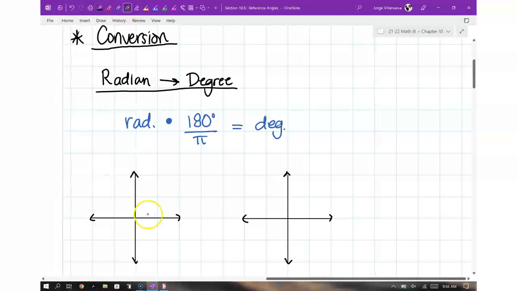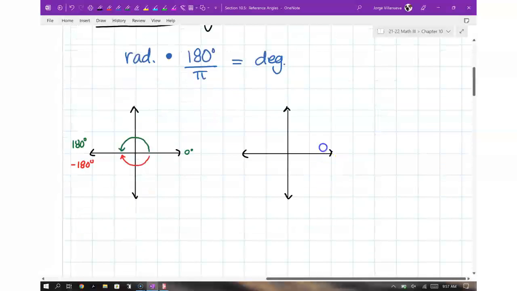If you start from your standard position, which is 0 degrees, and I rotate halfway, that's 180 degrees. But if I rotate backwards, that's negative 180 degrees.